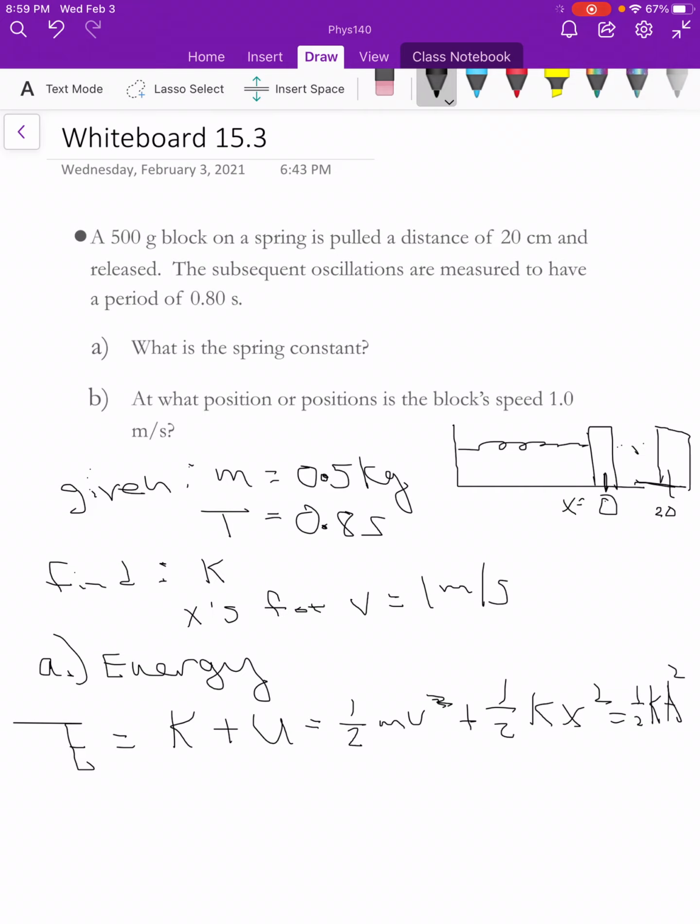So my amplitude now, if I were to draw this, my amplitude for position, the max it can be, it's going to go from 0 to 20. And then what's going to happen is the block is going to start here, and then if I pull it, it's going to go to here. So it's going to start at 0, go to 20, and then if we let it go, it's going to go somewhere, let's make this red, somewhere like over here.